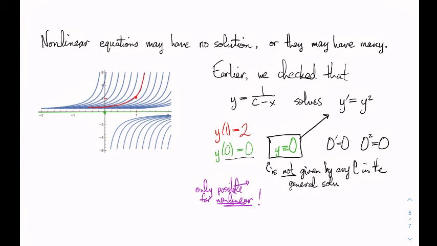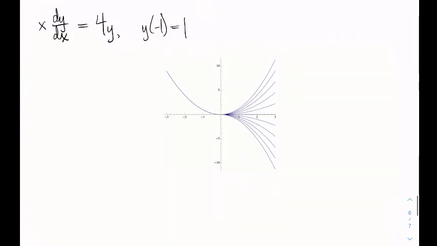Let's look at one other example of how the theorem might work. Here we have the differential equation x times y prime is equal to 4y, with the initial condition y of minus 1 is equal to 1. It turns out that the general solution for this equation is y equals c x to the fourth.